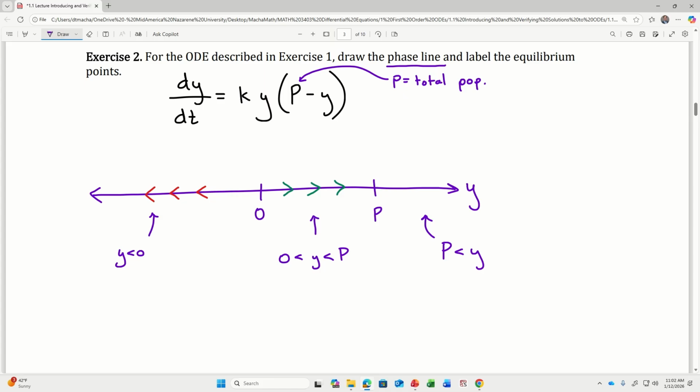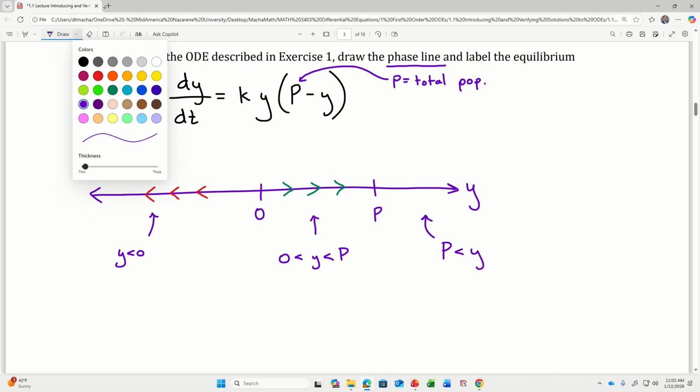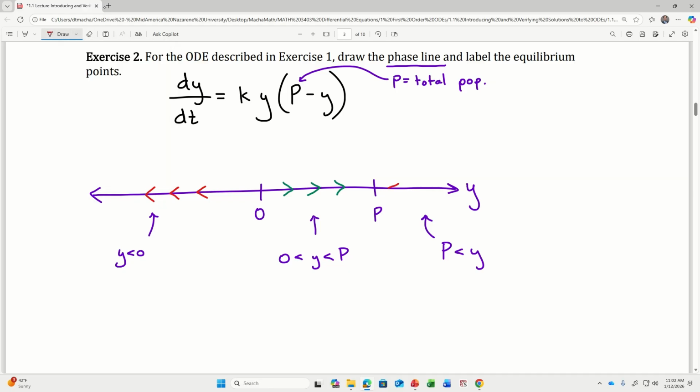Left. Yeah, because if y is greater than p, k is positive, y is positive, but p minus y is negative, which gives me a negative derivative, dy dt. And so we are moving to the left over time.